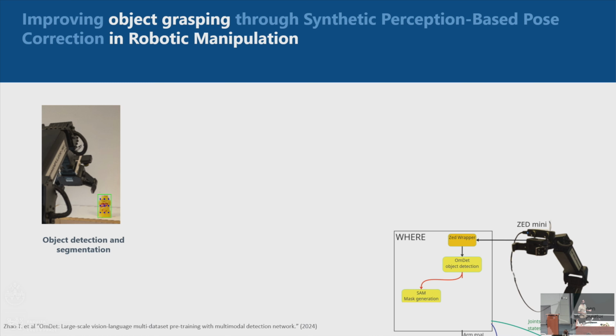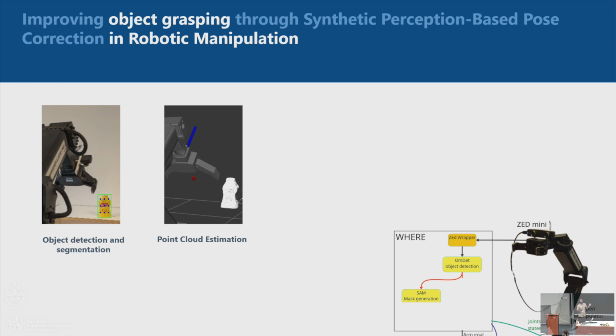For that, we first implemented a baseline grasping pipeline, for which we use OMDET for object detection. This is a somewhat popular open vocabulary object detection pipeline. So we first detect the object, and then we use SAM from Meta to get a mask of that object. Combining that information with the depth perception, we can have a point cloud representation of the object in space.